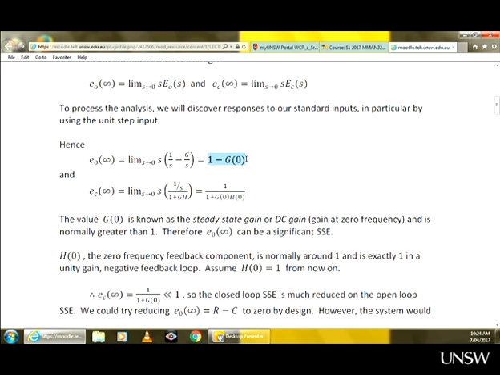Okay, so if G of 0 is greater than 1, if the steady state gain is greater than 1, then this term here can be just anything, any value imaginable.